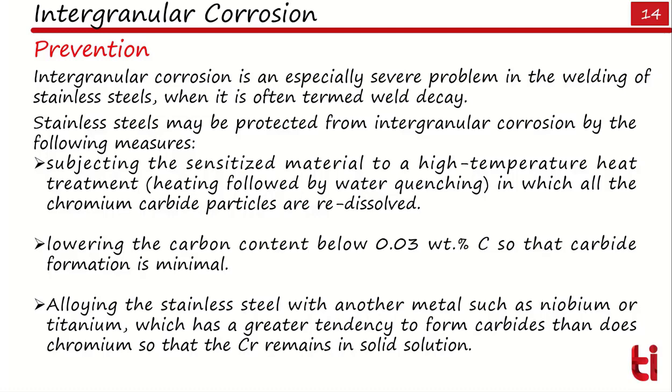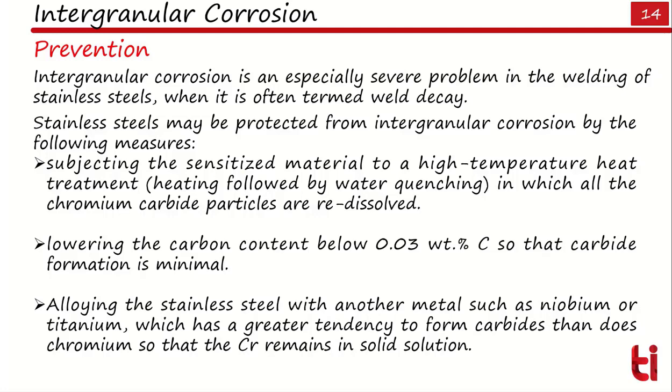Number one, subjecting the sensitized material to a high temperature heat treatment, that is heating followed by a water quenching, in which all the chromium carbide particles are redissolved. So one way is, once you make a weld joint, give the heat treatment at an elevated temperature above the sensitized temperature, and then quickly water quench it.